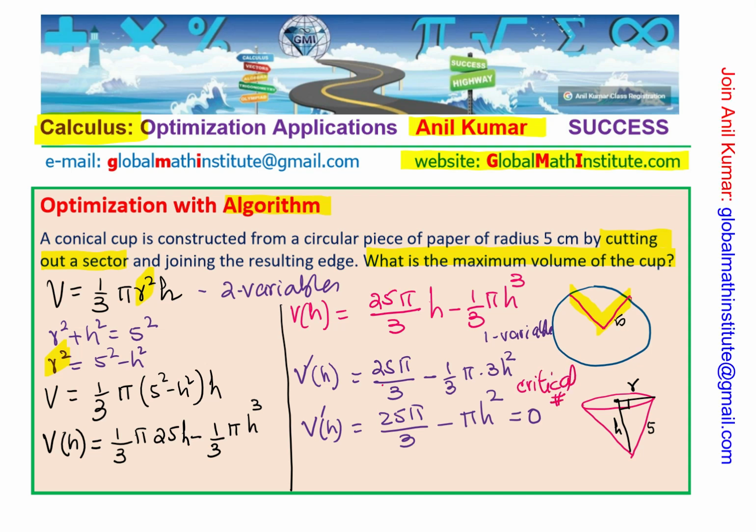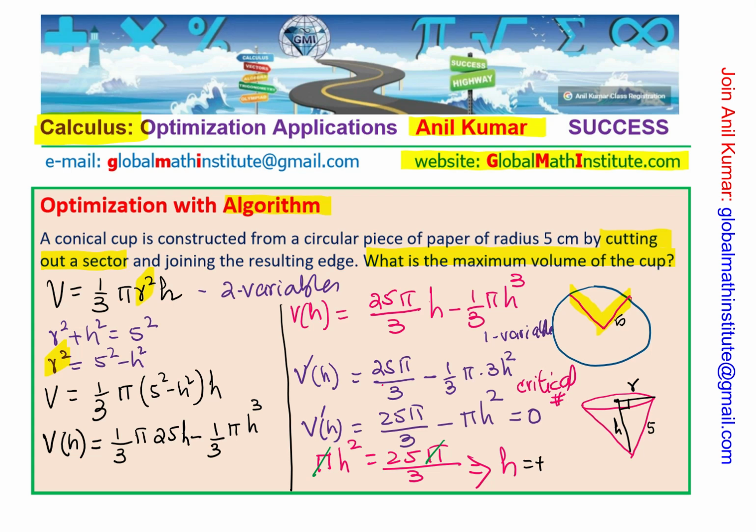Perfect. That means pi h square is equal to 25 pi by 3. And that gives you the value of h, right? Pi and pi cancel, correct? Just cancel, right? And we have square root of 25 by 3. So plus and minus normally, but we know it is always positive, correct?